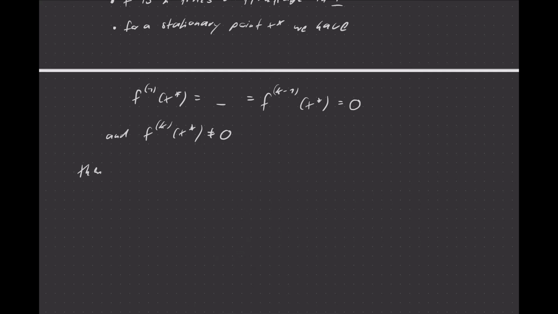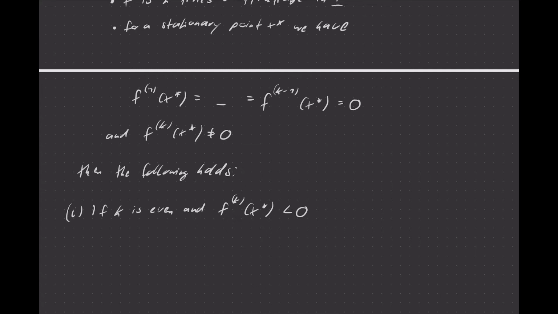And if this is satisfied, then the following holds. Part 1. That is the usual part here, if k is even. So for example, 2. And then we can look at the sign of that kth order derivative, f^(k) of x star, let's say that's negative.